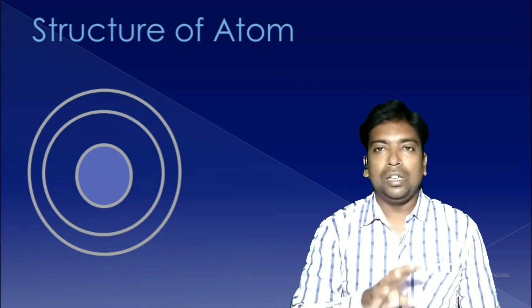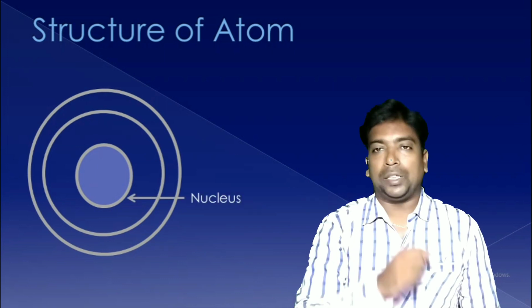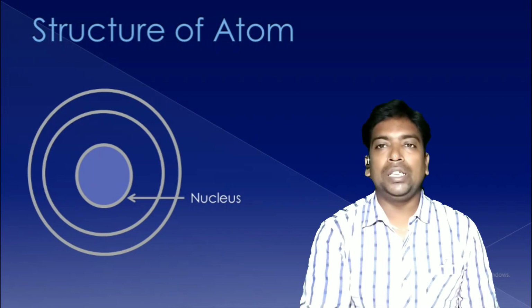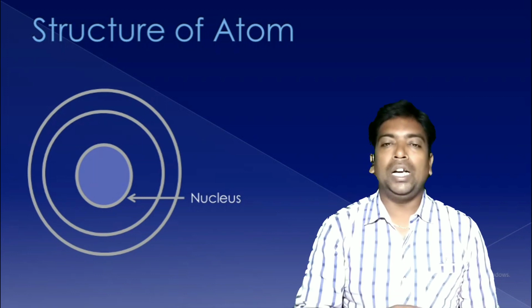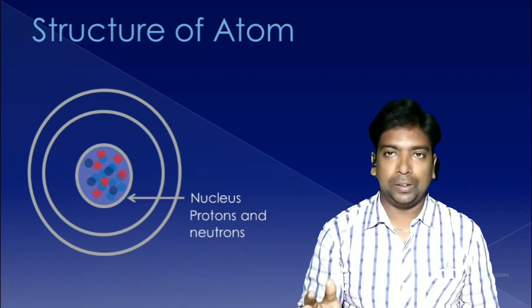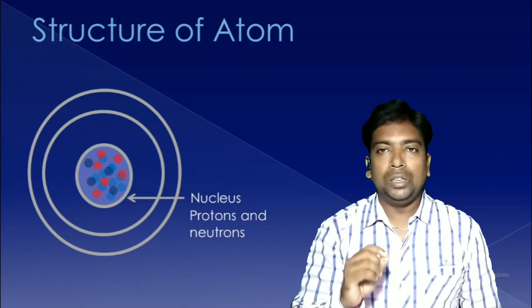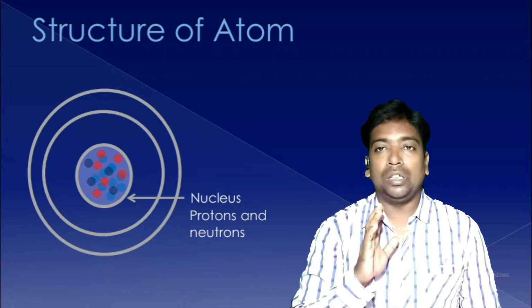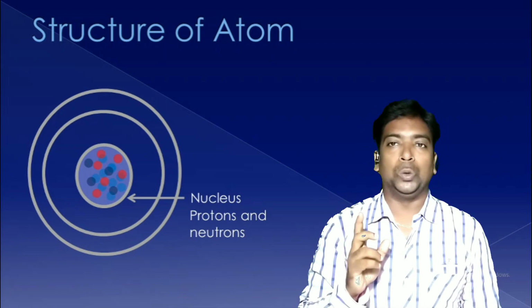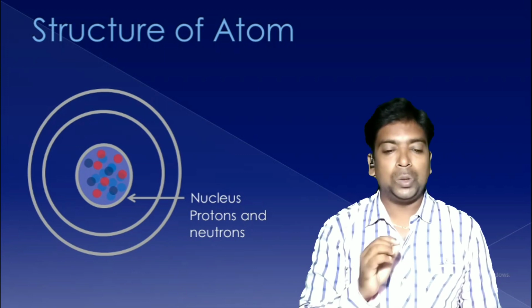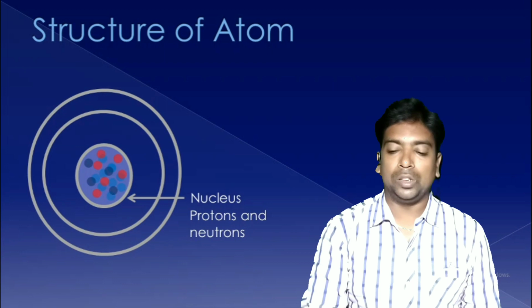You can see here, in an atom there are two parts. One is the nucleus, you can see in the diagram, and the other one is the extranuclear space. Now, the nucleus contains protons and neutrons. You can see in the diagram also, neutrons and protons are present in the nucleus.